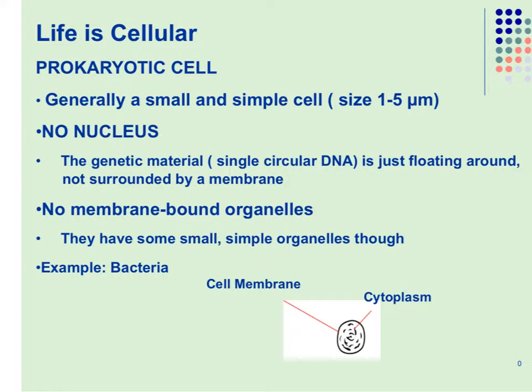As you should have learned in 7th grade, our DNA is in the shape of a double helix, and their DNA is in a circular single strand. So again, simple cells, 1 to 5 micrometers. They do not have a nucleus and they do not have membrane-bound organelles. An example of an organism that is a prokaryotic cell would be a bacterial cell.